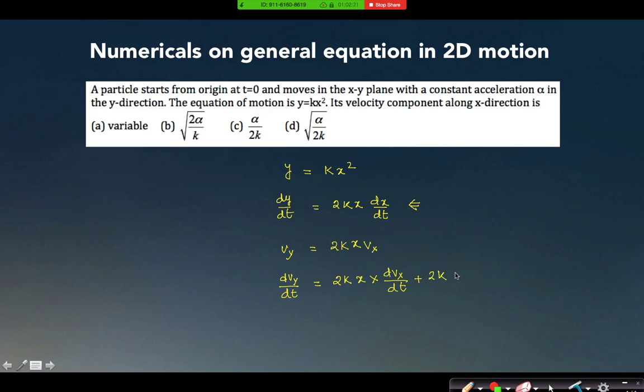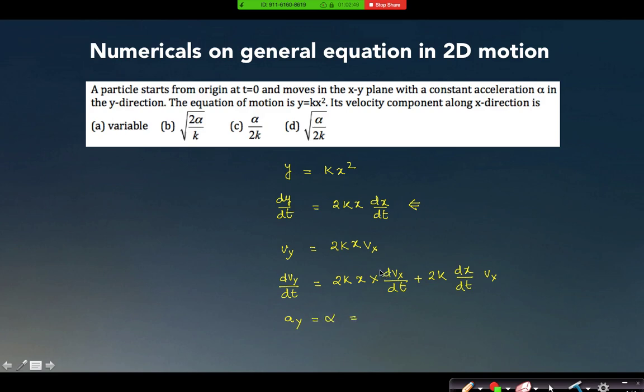So 2k into dx by dt into vx. This product rule, I think you also are aware about this rule of differentiation. These are the basic rules of differentiation. What is dvy by dt? It is nothing but ay, which is given in your question as alpha.